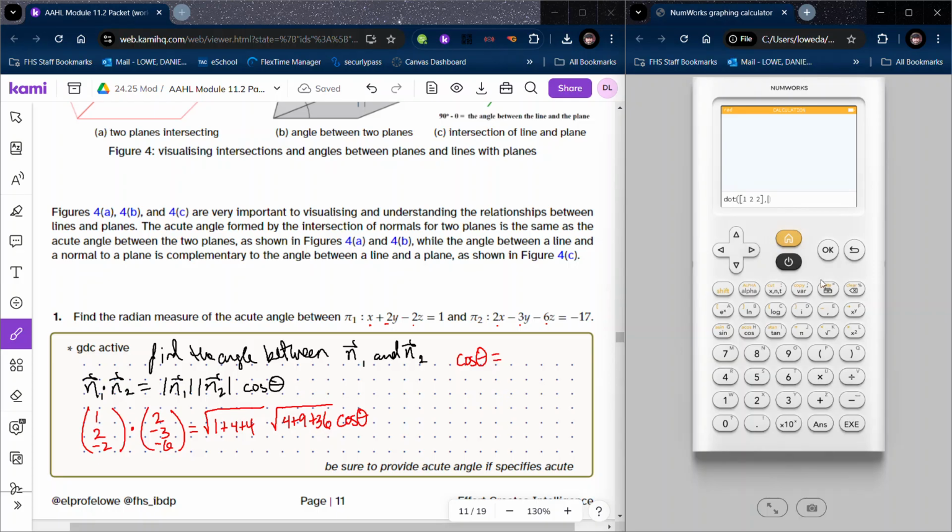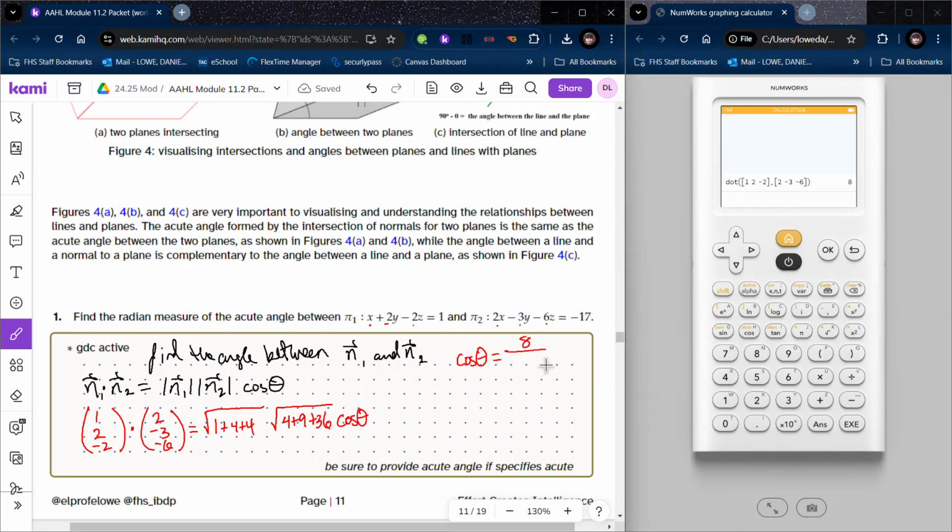For my second, I could do Shift E to the X to start my new matrix, and I would have 2, -3, and -6. It's always important to double check that you have everything set up correctly, and we notice it should be 1, 2, and -2 for my two vectors. I'm looking for this dot product, and it gives me a dot product of 8.